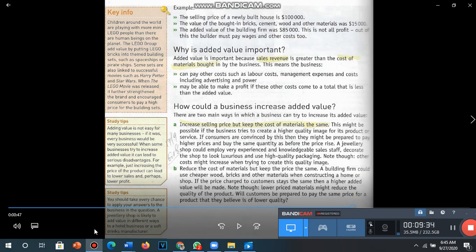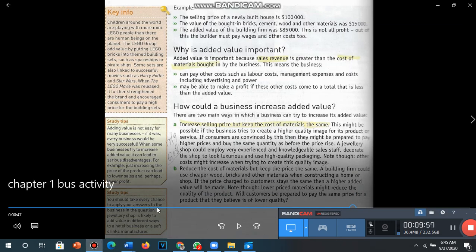So each cupcake, your added value is $1.60 times 100, it will become $160 or reals. So this will be the computation of your added value.